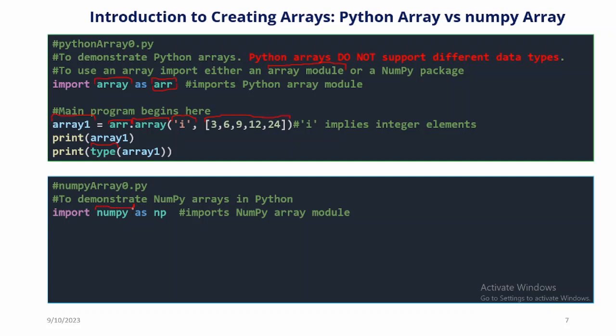Remember, we have already installed NumPy in some of the first classes. In fact, you need to install NumPy, otherwise you cannot use it because it doesn't come directly with your Python installation. It is more powerful than the array that comes directly with your Python installation. So before you can use NumPy, it must be installed.